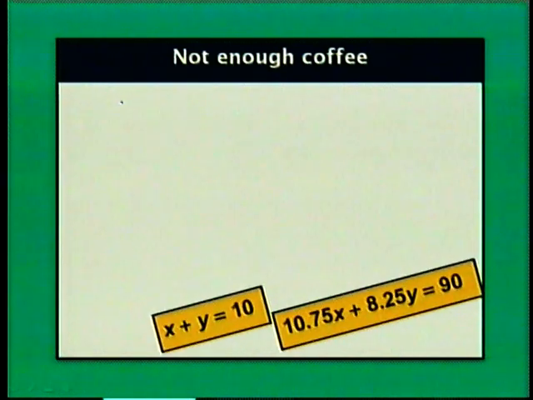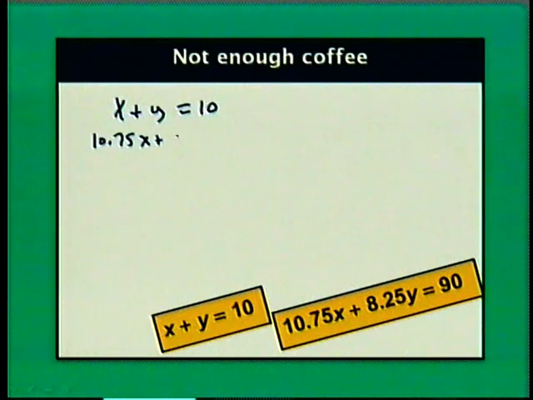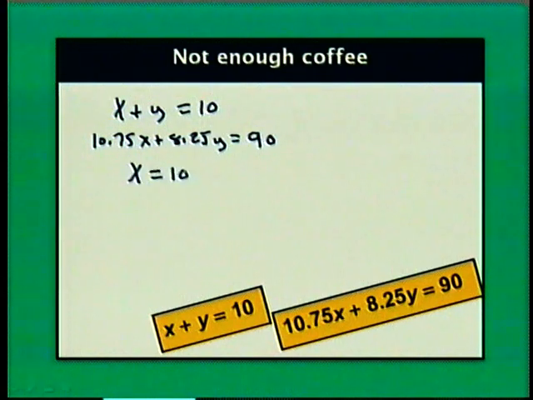So here, again, I think I'm going to use substitution. So the first thing I'm going to do is solve for x in terms of y. So working with the first equation, I get x equals 10 minus y.